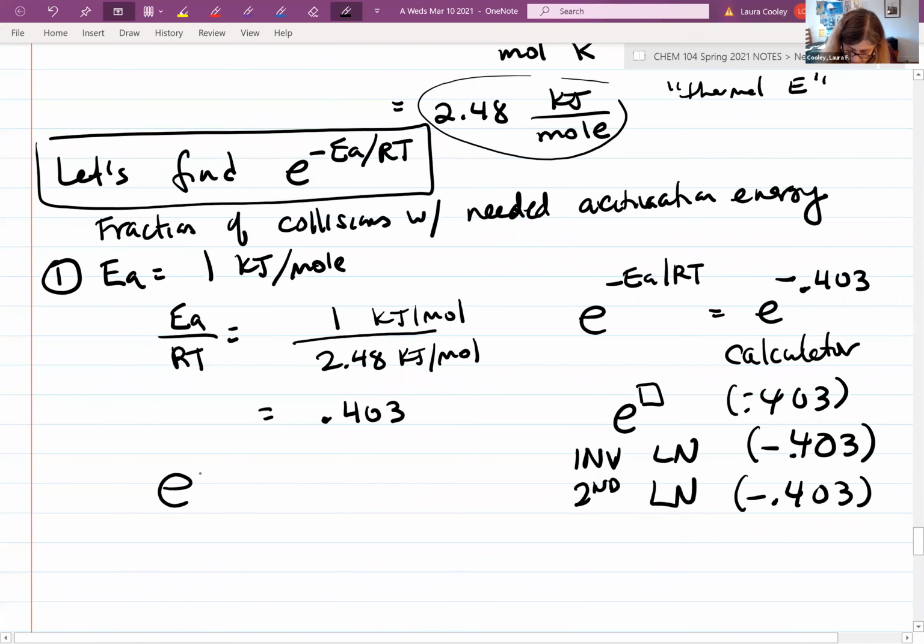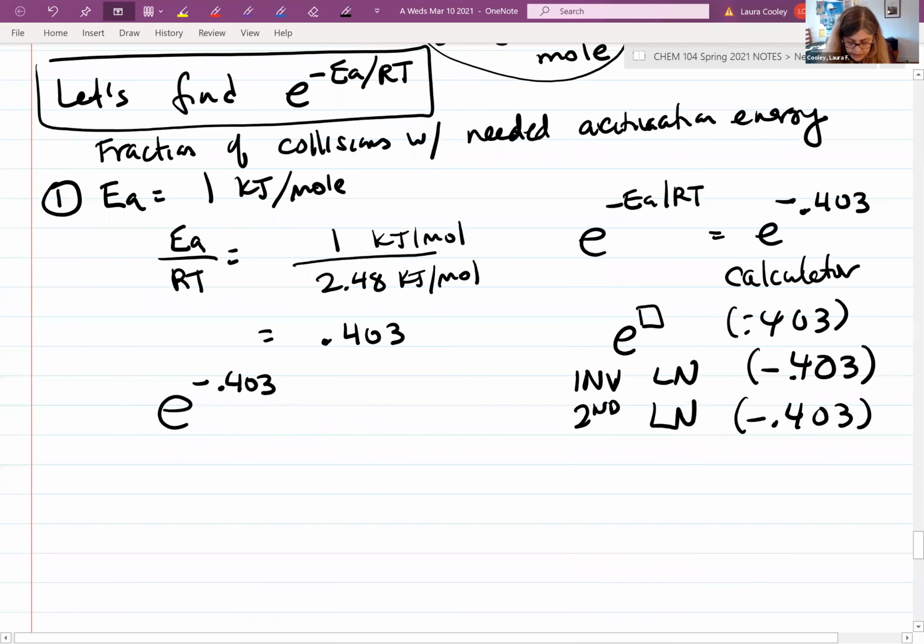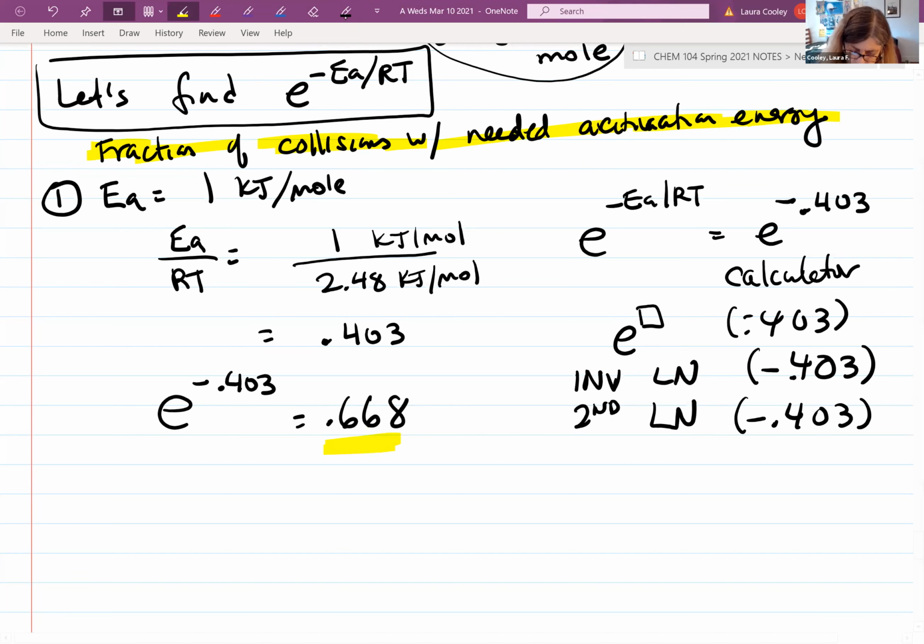So we're calculating e to the negative 0.403. Yes, somebody got 0.668. So if this is the fraction of collisions with the needed activation energy, which in this case is just 1 kilojoule per mole, then we could say that 66.8%, right?